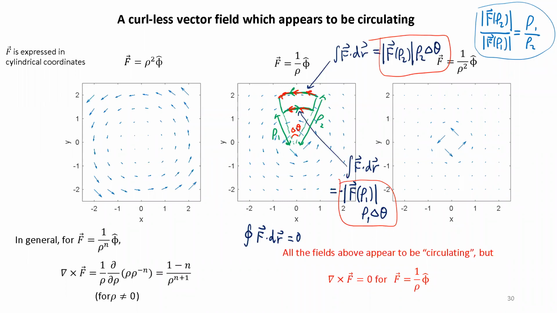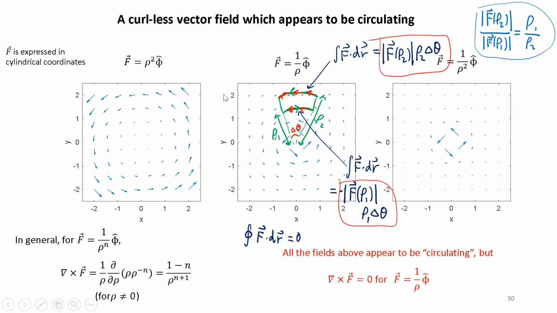Again, why do I want to spend some time on this special case? Because this is a case that you see a lot when you talk about the magnetic field from a current wire, a straight current wire.